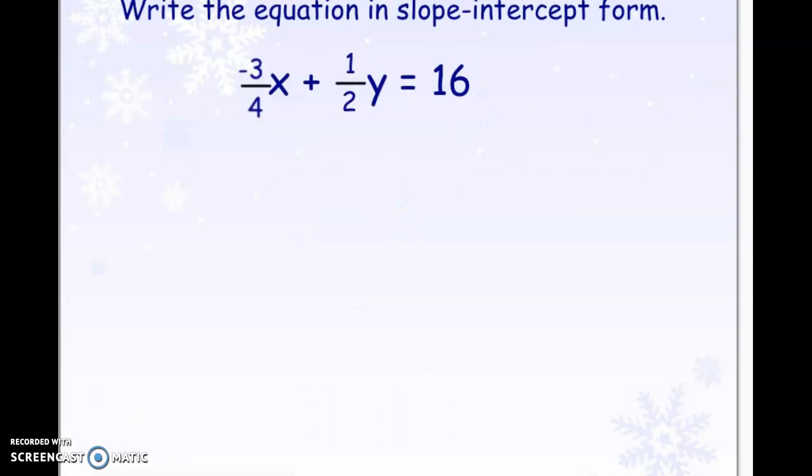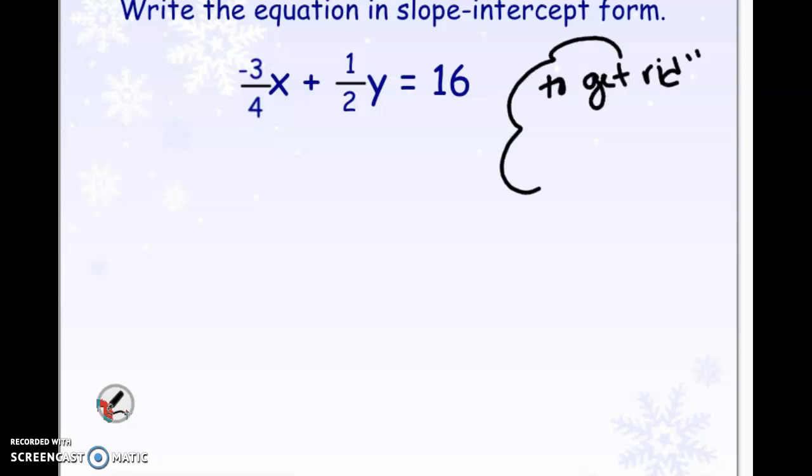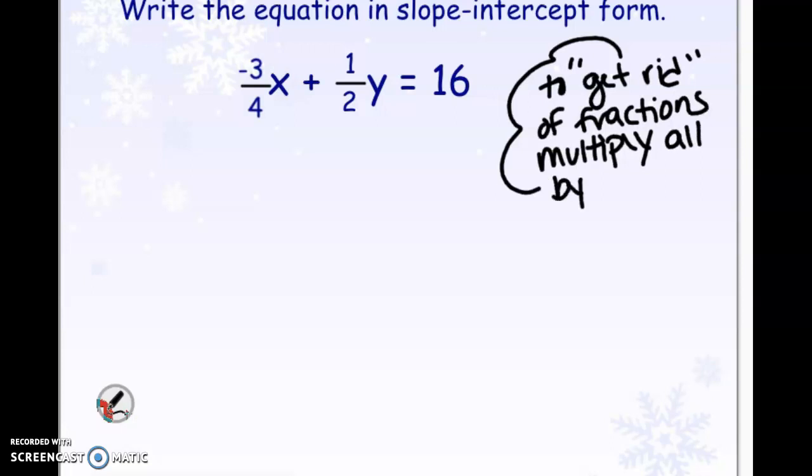If you have fractions, to get rid of fractions, multiply everything by the least common denominator. You can just say the largest denominator in the bottom, or something that they're all multiplied by.